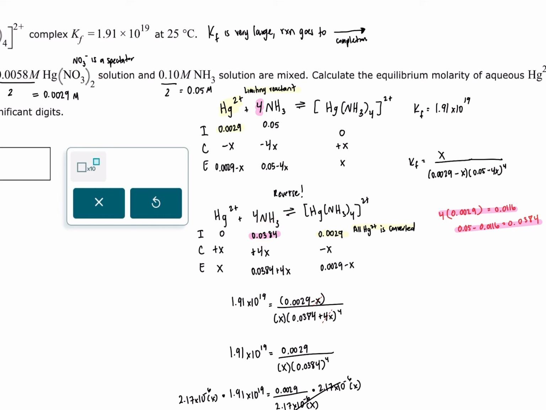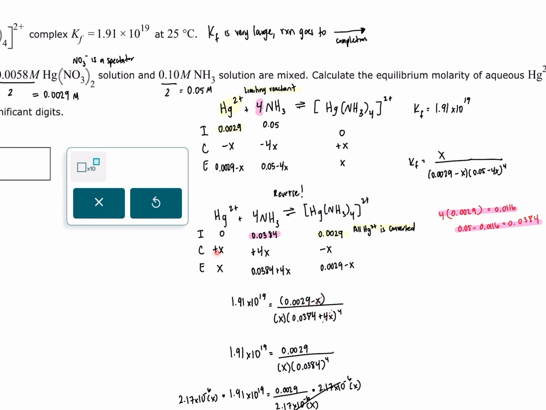Now, once I have all of these values here, usually I would do minus x, minus 4x, but because we're in reverse, we're doing plus on the reactant side and minus on the product side. Because we're going this way, the minus side is over here because this is where we started, and all this stuff is going to be moving over here.